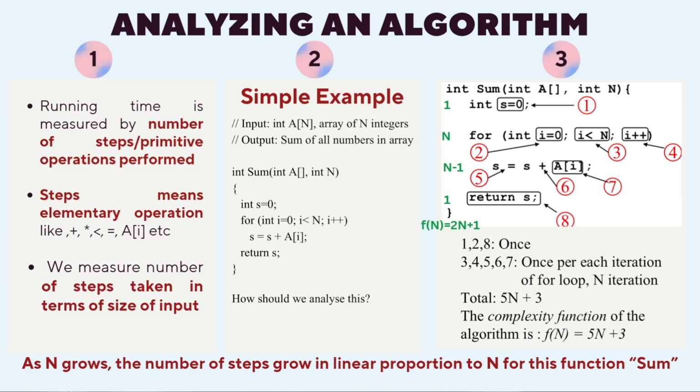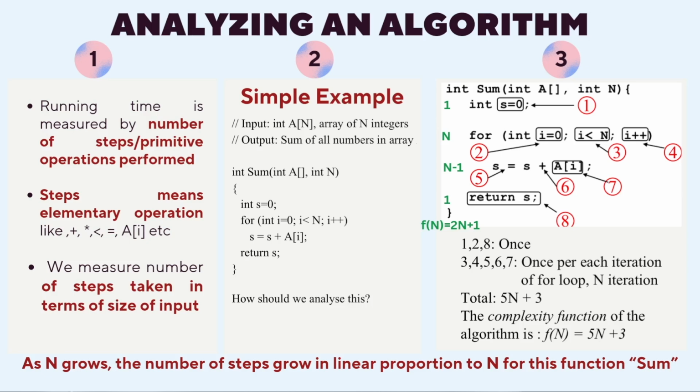So, finally, we sum up the number of times each of these primitive operations get executed. We know that 3 to 7 get executed n number of times. So, 5 operations n number of times, which is 5n, and the first 3, that is 1, 2 and 8, get executed exactly once, and so it is 5n plus 3.